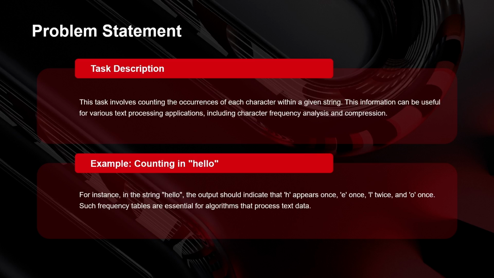For each character, if it already exists in the dictionary, we increment its count. If it does not exist yet, we add it to the dictionary with a count of 1. This approach helps us keep track of how many times each character appears, and it's also very efficient in terms of time complexity.